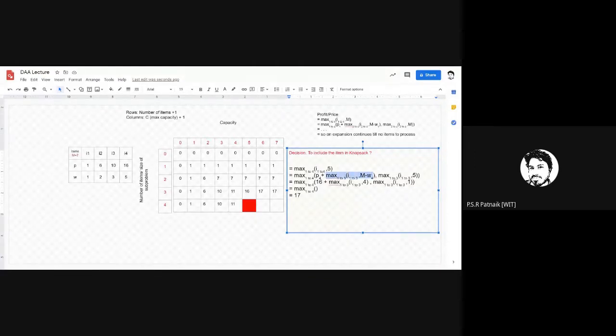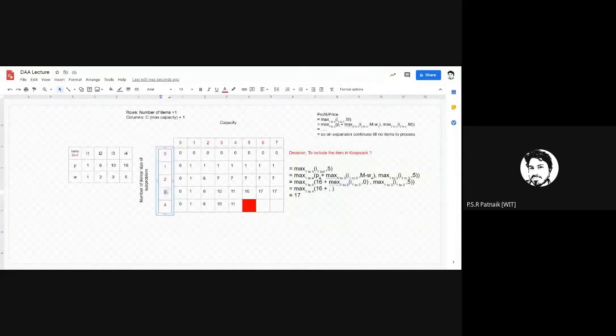I'm subtracting W4. So what is this? Max of 1, 2, 3. 5 minus W4 is 0. And this still remains. So this is what I'm solving for. 16 plus something. So max, when I have 3 items to process, sack capacity is 0.